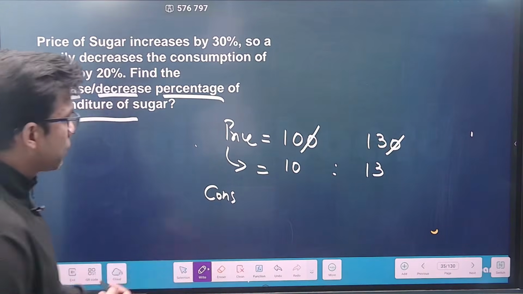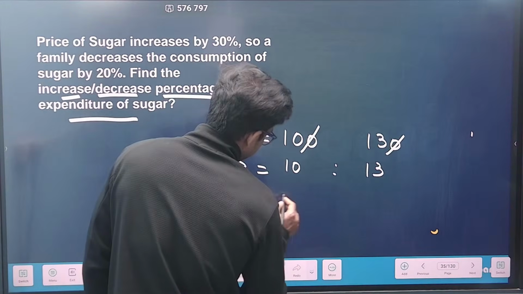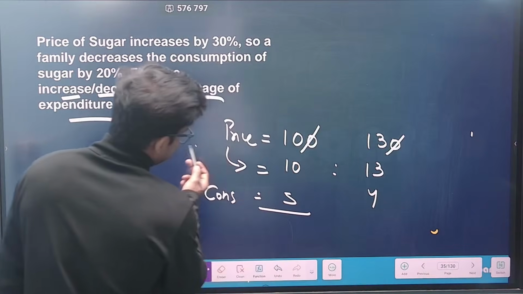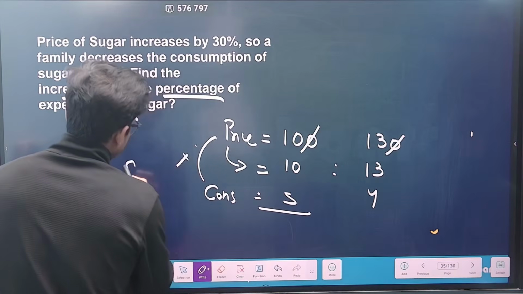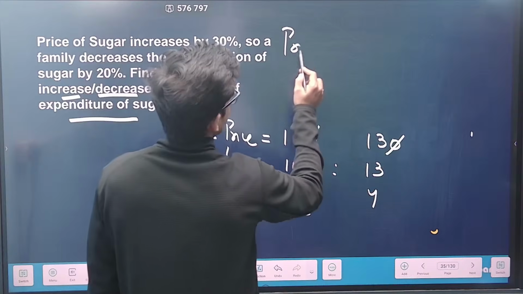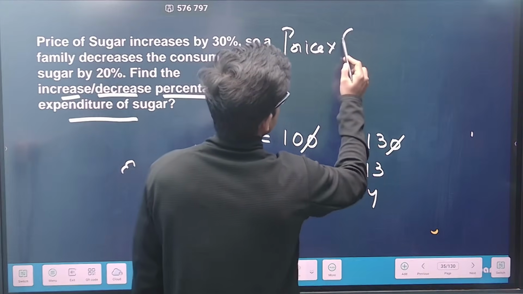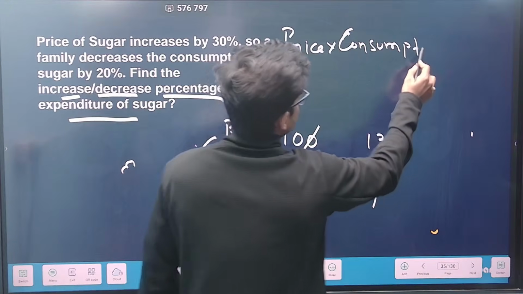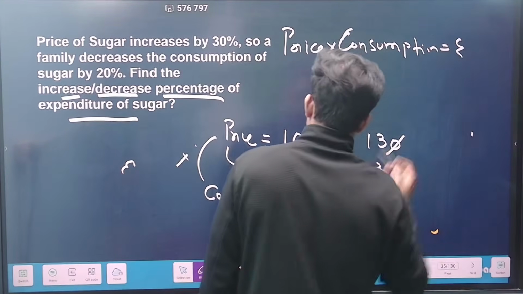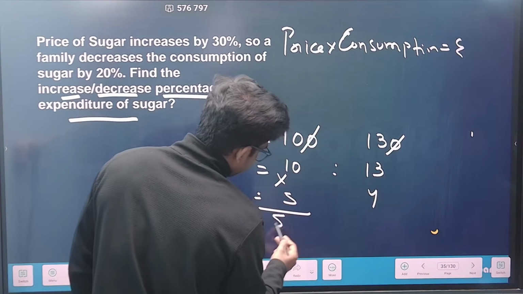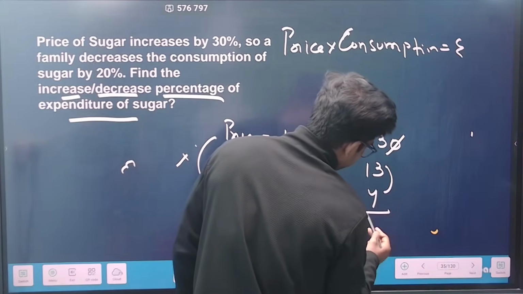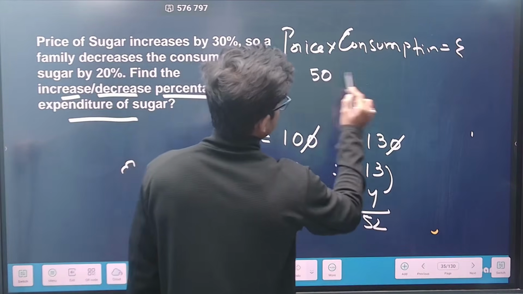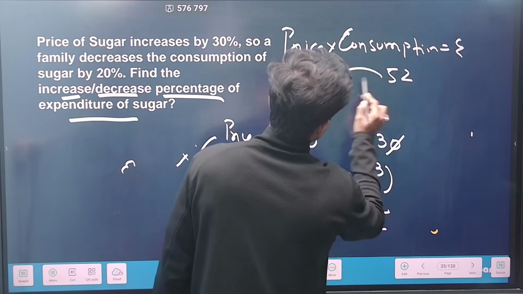Initially it was 5, then it becomes 4. Now price into consumption is basically expenditure. In the first case price into consumption is 50 and in the second case it is 52. So if initially it is 50 and then 52, there's an increase of 2.